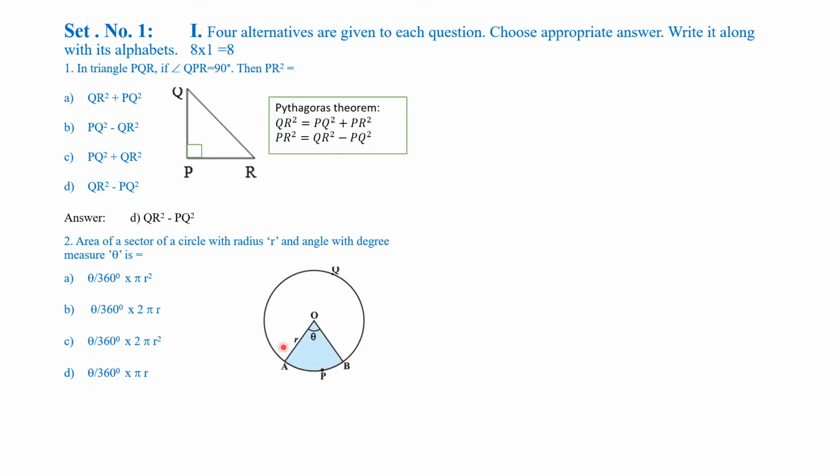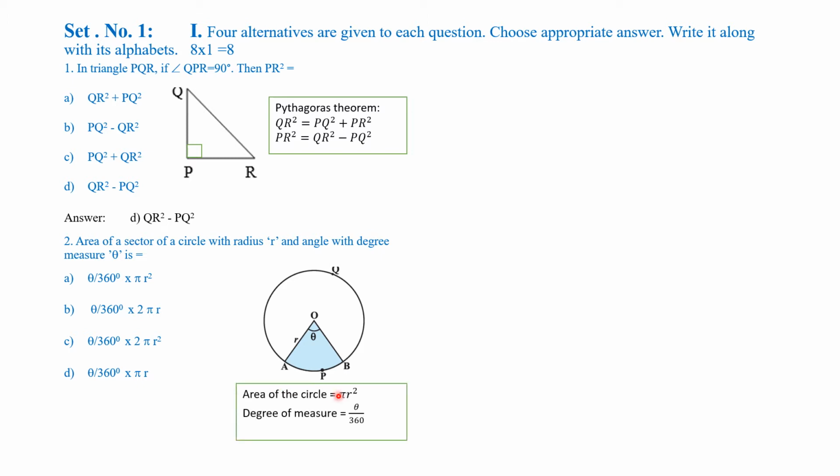He has given a circle and he says sector of the circle. AOB is the sector of a circle, r is the radius and theta is the angle as shown in the diagram. You are required to search for the correct answer.